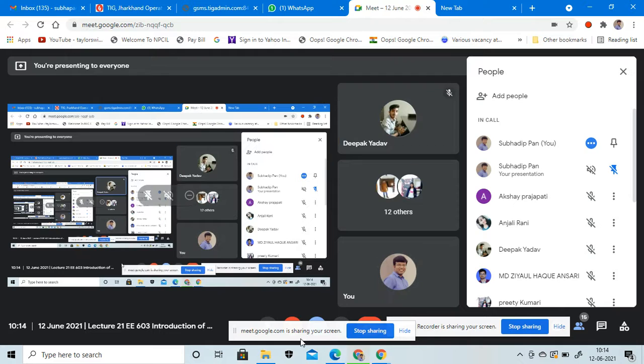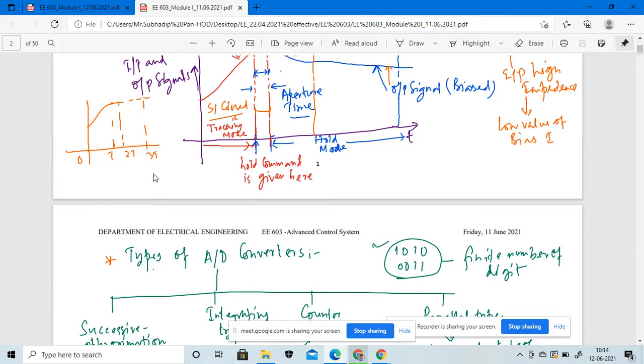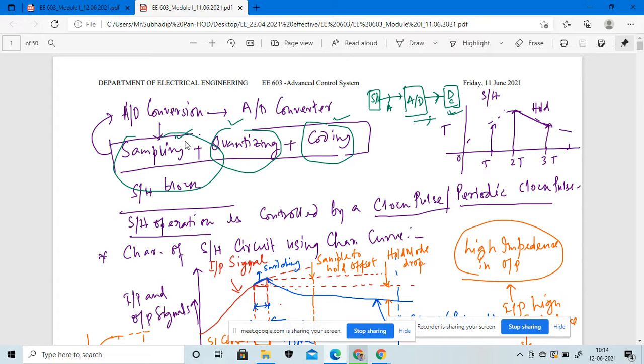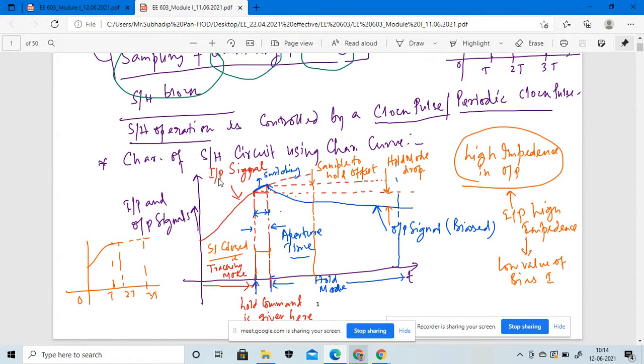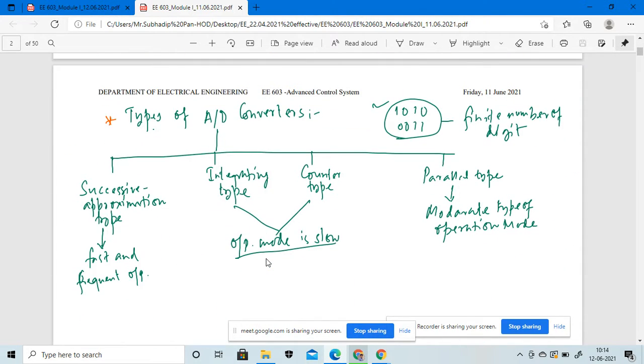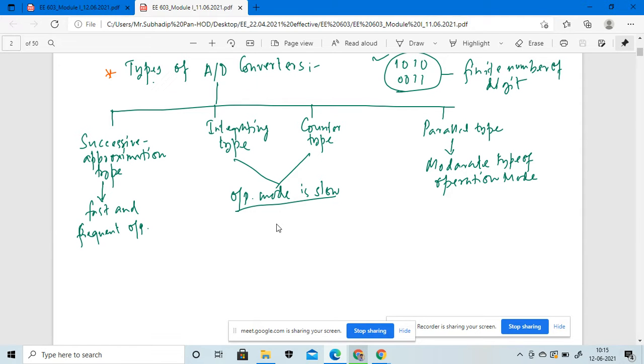Fine. So yesterday we discussed this: inside the A to D conversion process, what are the different operational modes inside the A to D converter? That means in the A to D conversion process we consider sampling, quantizing, and coding, right? In the sample and hold operation, the hold control should be under the periodic clock pulse. We also discussed the characteristics of the sample and hold circuit using this characteristic curve, and we also considered the different types of A to D converters.